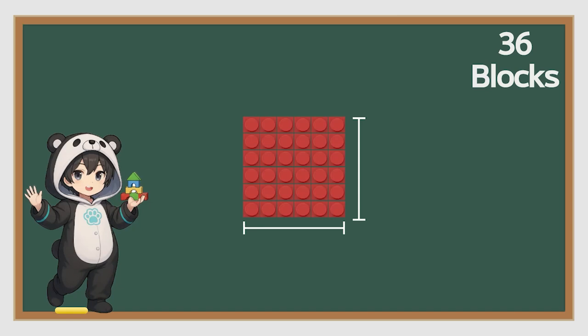Is it 7? 7 times 7 is 49, too big. Yes, it is 6. Because 6 times 6 is 36, this 6 is the root of 36. The square root. We write it like this. The square root of 36 is 6. Easy, right? We are just looking for a number that multiplied by itself makes the original number.